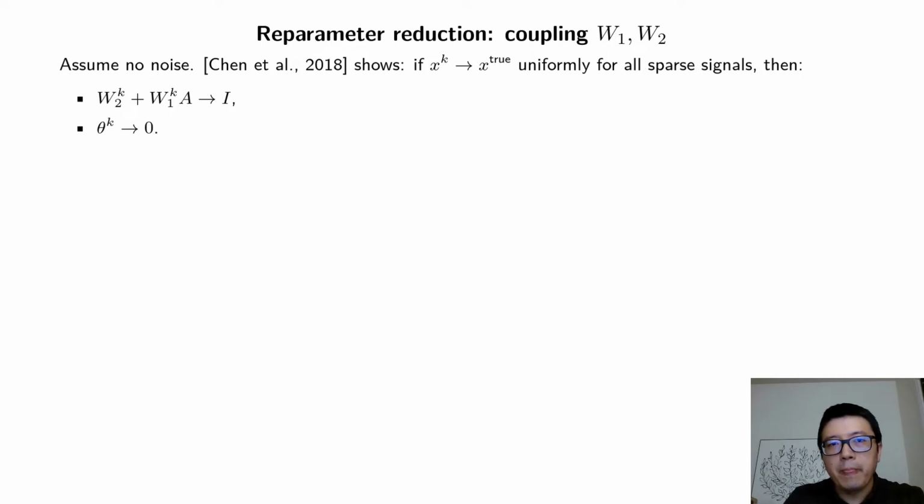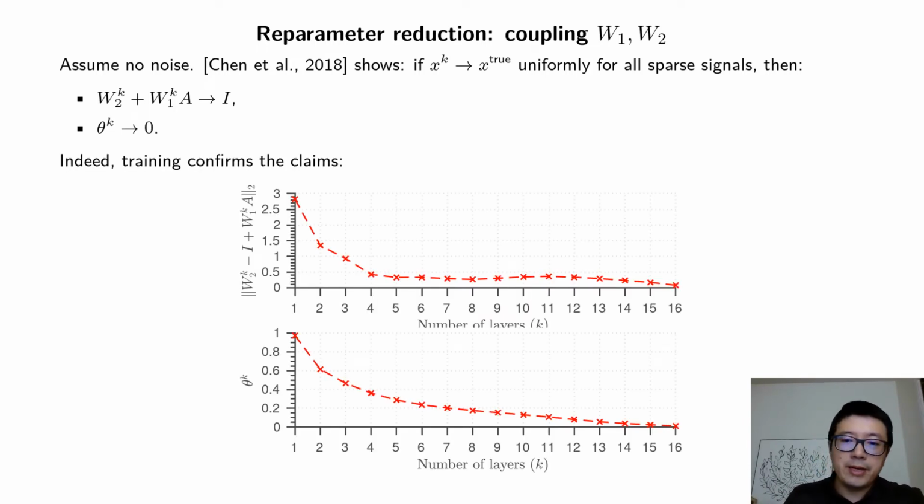Assume no noise, and if we require the sequence to converge to the true signal and then play with gradient and optimality conditions, we realize that W2k plus W1k times matrix A must converge to identity as k goes to infinity. And also the soft thresholding threshold must converge to 0 as k goes to infinity. And we went back to our training and looked at the W we generated, looked at theta we generated. In fact, as k increases, they are approaching the limit.